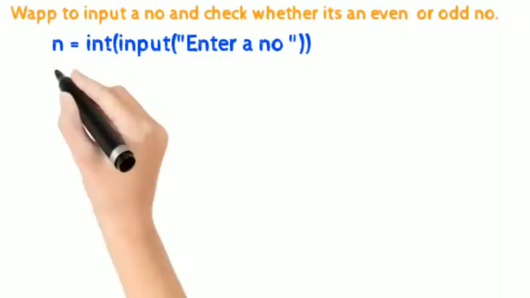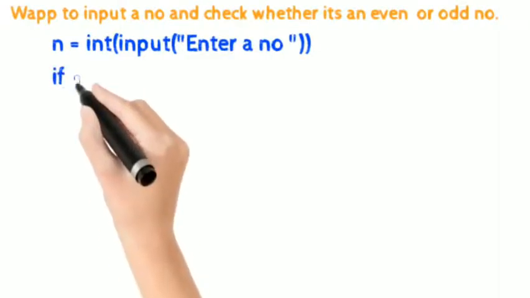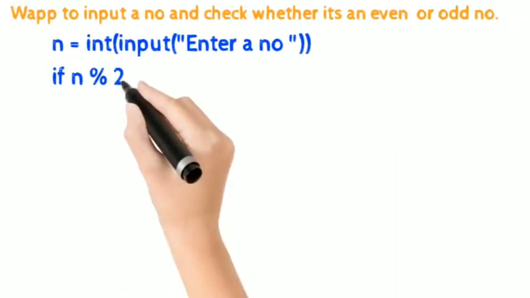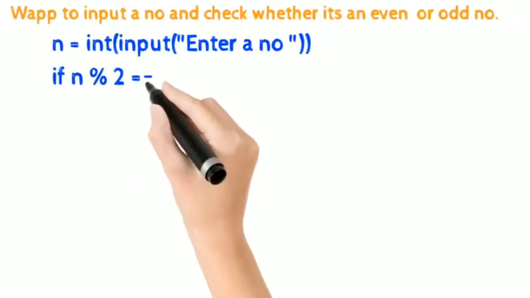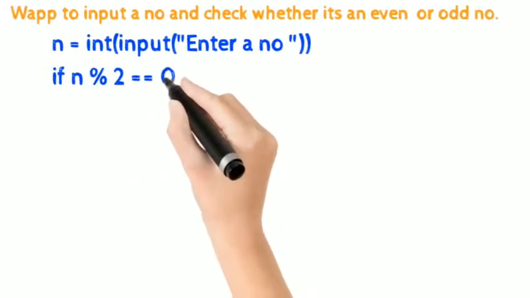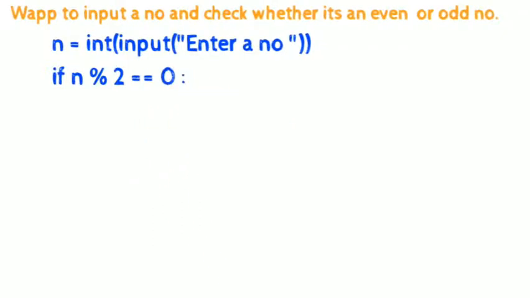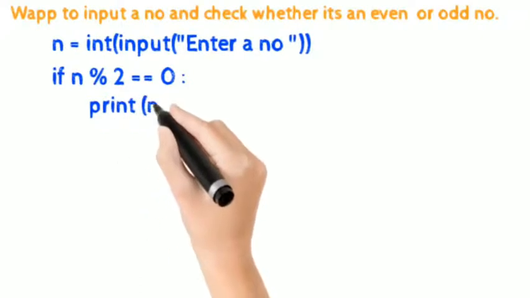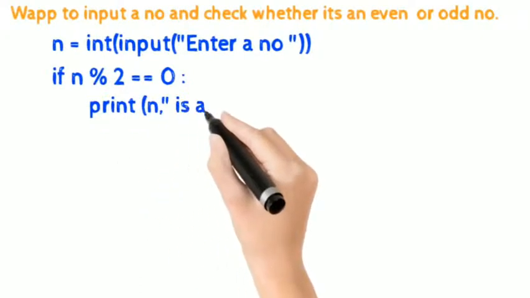Thereafter we have to use the if statement. If n, the number which we inputted and stored in n, is divided by 2 with the modulus operator, it will give the remainder. If the remainder is 0, it is written as if n modulus 2 equal to 0, then the colon sign again as the syntax demands.